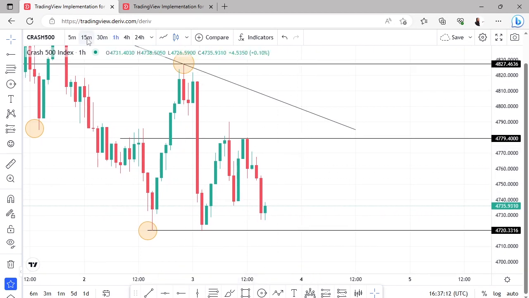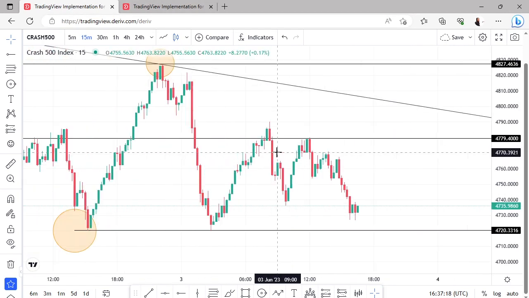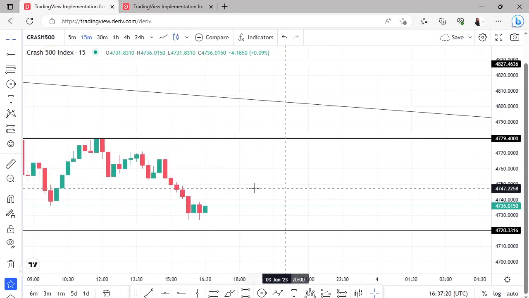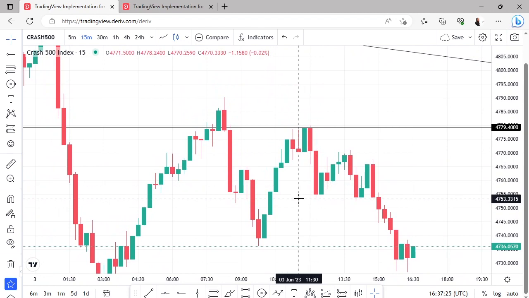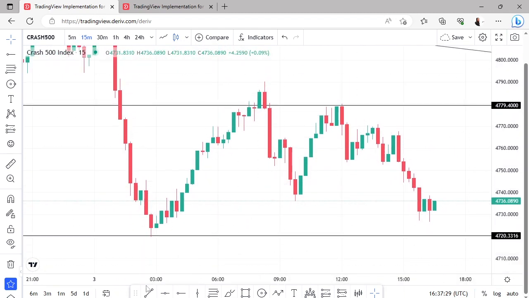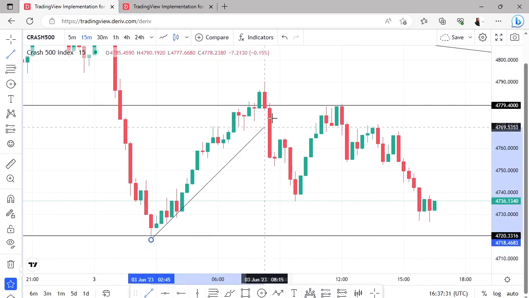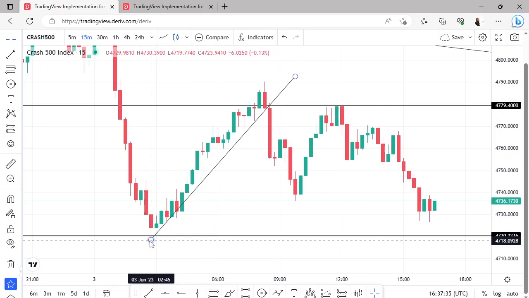So let's go to our 15 minutes. We're looking for a trend inside trend. Actually, we're looking for the market to break a trend, then continue, because we want to scalp. As a scalper, if we had this type of setup, we can see overall the market was doing what?